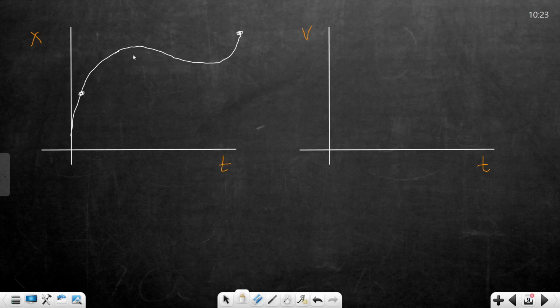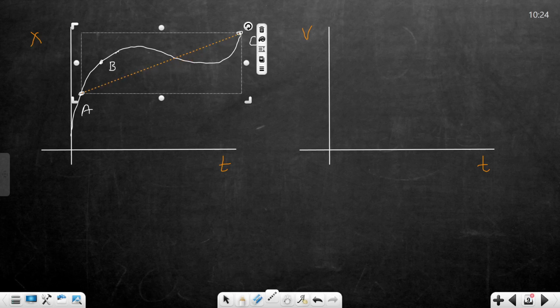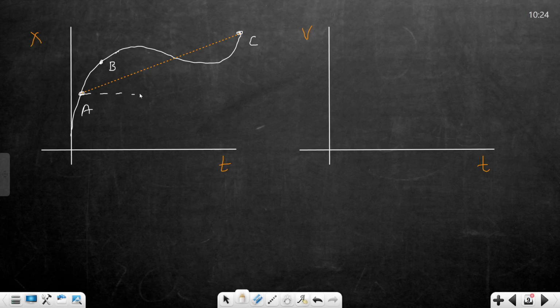Suppose you have to calculate the slope between point A and C, and this is point B. When you calculate instantaneous slope or average slope, and you connect points A and C, what do you get? Average velocity. This gives you average velocity.